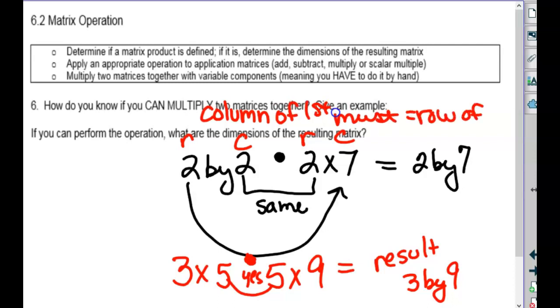Yep. I think it's actually a yes/no question. I think I give you an example and say, can you multiply these? If so, what size would it be? And it might be no, okay? So don't think, oh, it's got to be yes. Are we good?